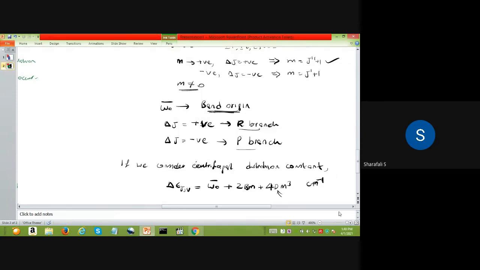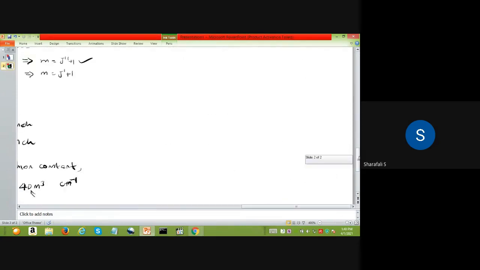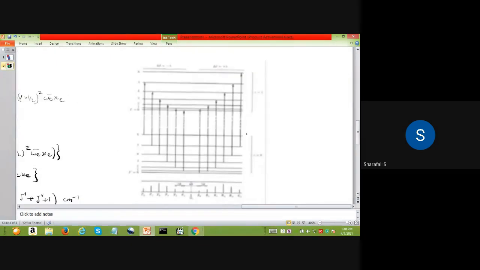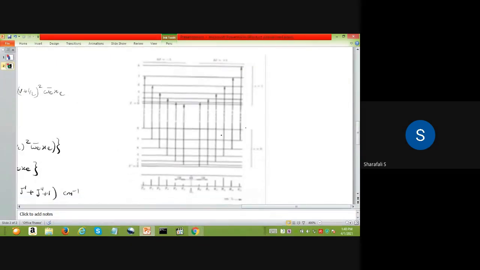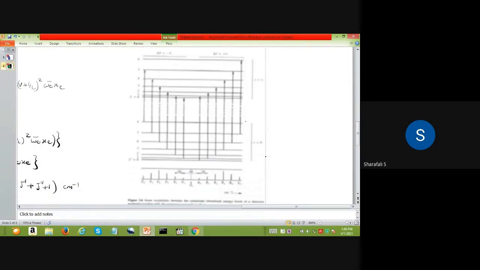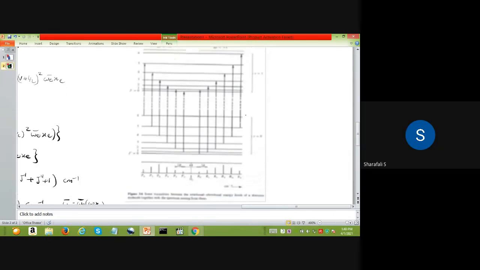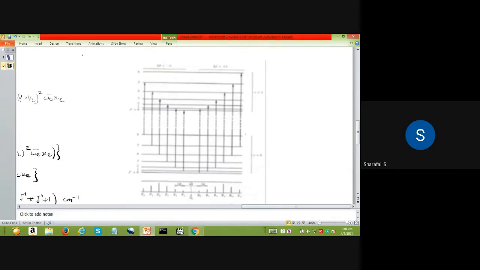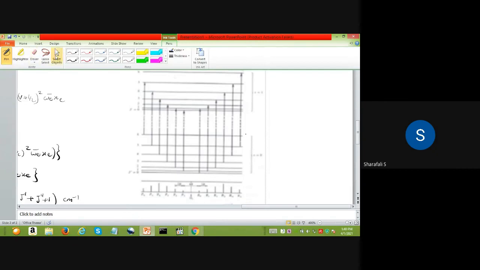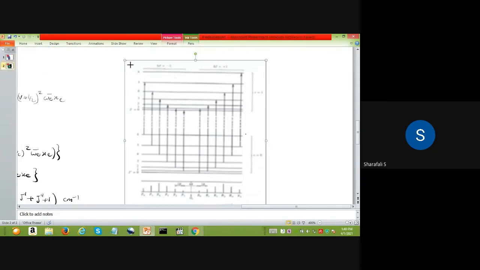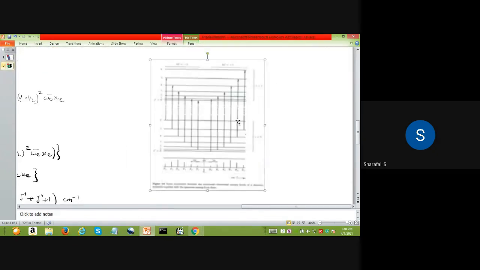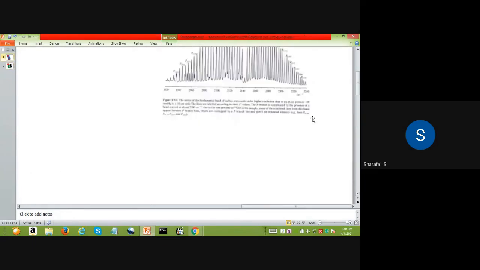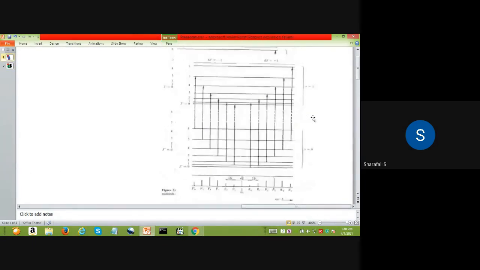Now, what does the spectra of this particular one look like? We are talking about this energy level diagram.